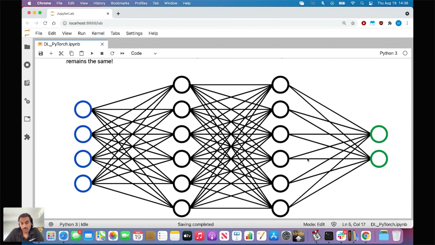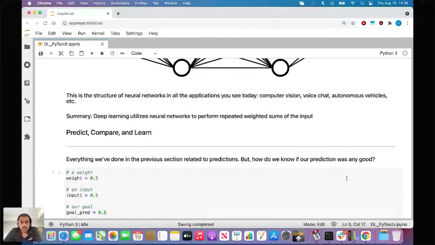But you're right, Matt: this is an output for this layer, but this is the input for the next layer. It's only when this process completes at the very end, with all these weights, that we get to the final output. Okay.